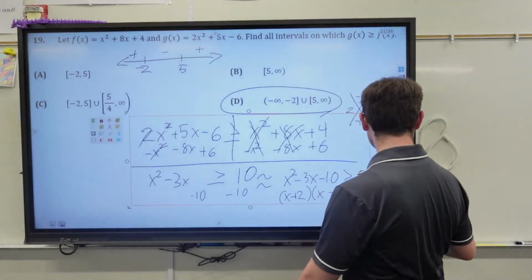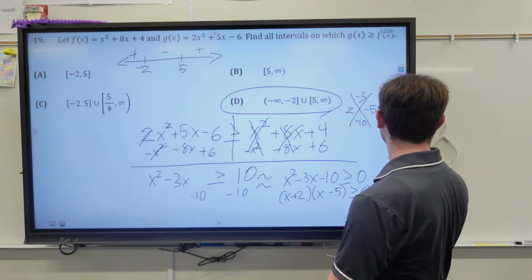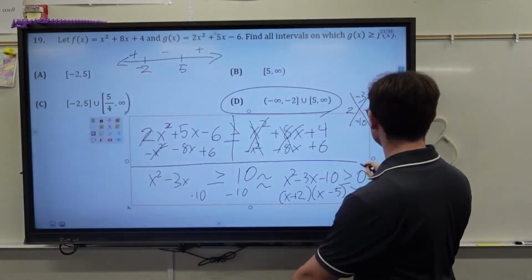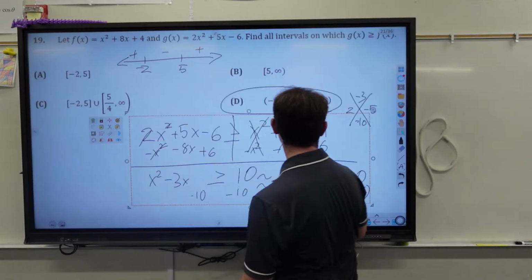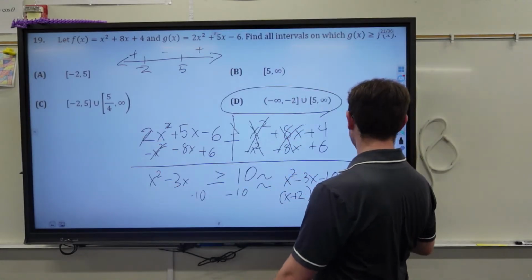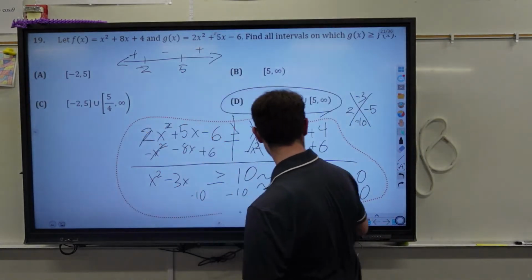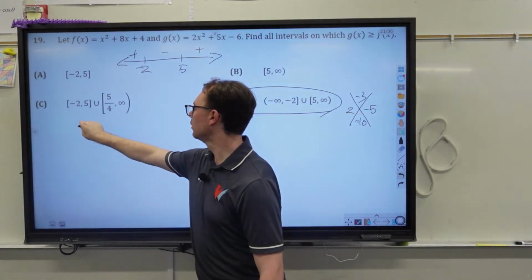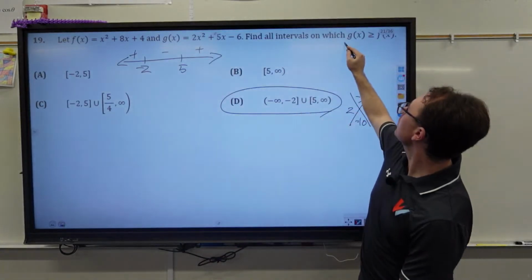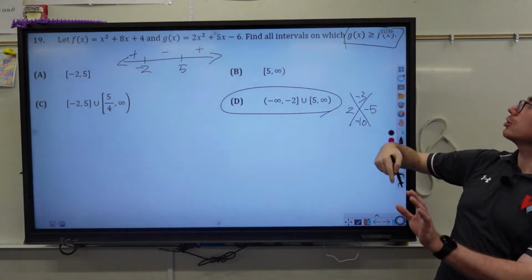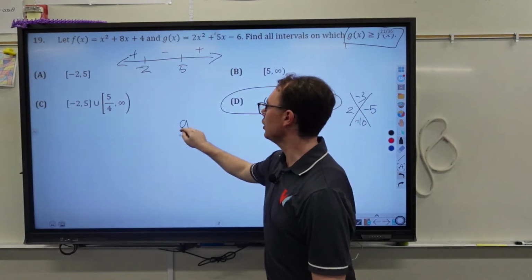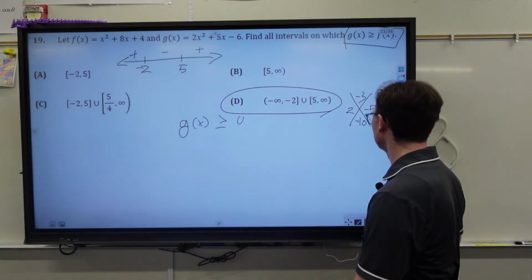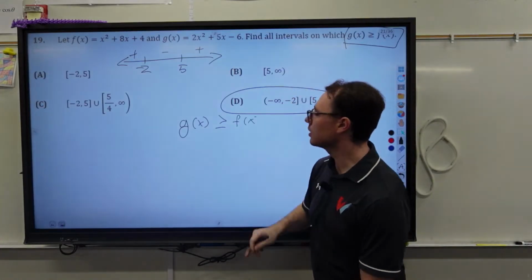So let me just write it a little bit cleaner. I ended up making a couple of mistakes during this one here. So we want to try and solve out this inequality of g of x is greater than or equal to f of x.